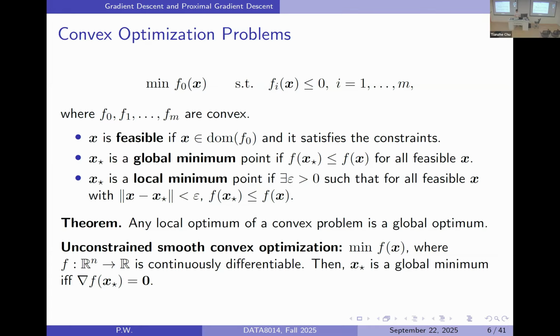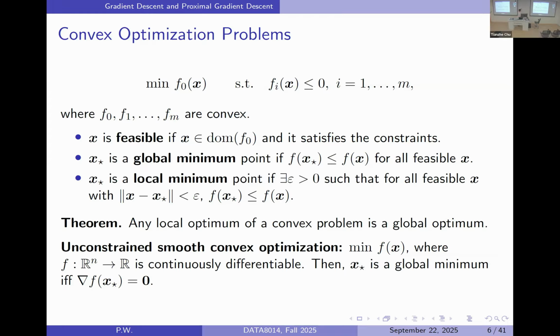Maybe I can draw some figure. Usually for a convex unconstrained optimization problem, the global minimum means that at this point the function value is smallest among all the feasible points.